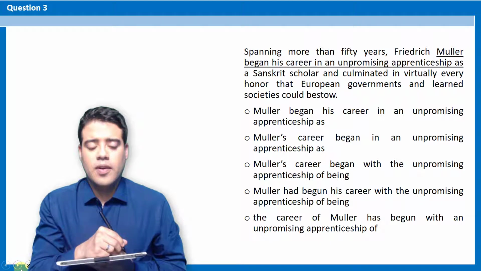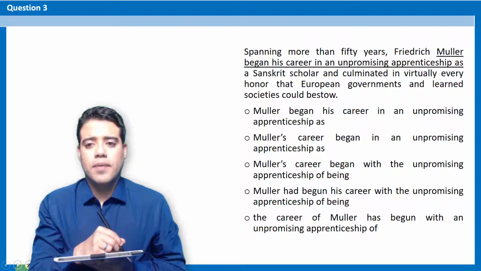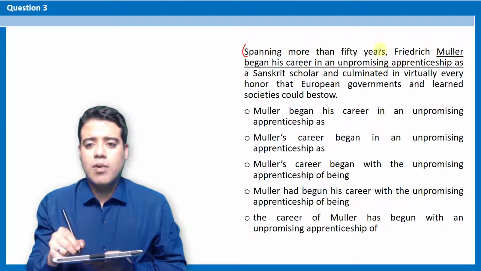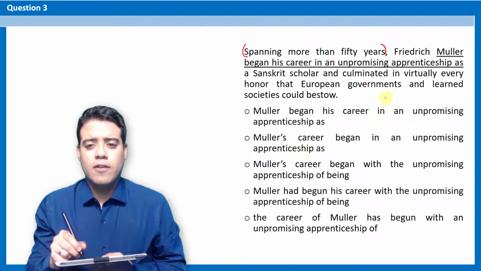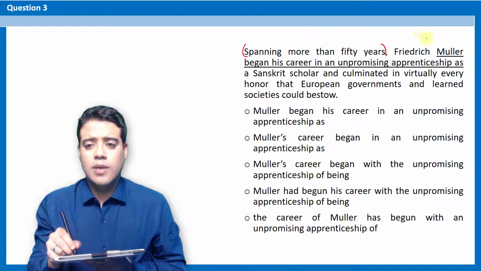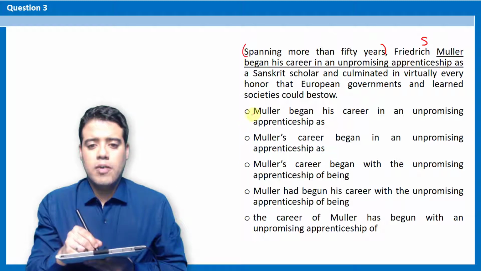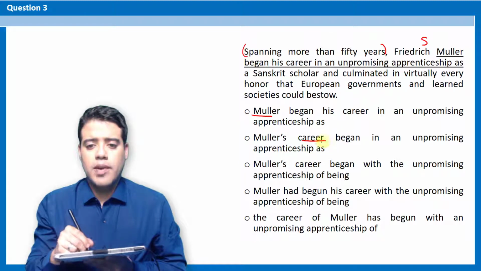Okay, so question number 3. We're still analyzing INGs. Spanning more than 50 years? Something is spanning more than 50 years. What is it? Is it the subject, Mueller? Well, a person cannot span 50 years. So look at the options you have. You have Mueller, Mueller's career, Mueller, the career.